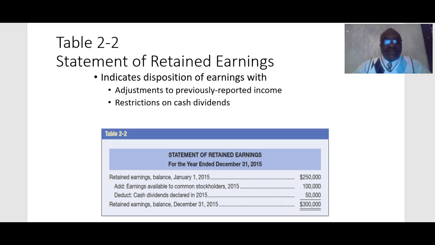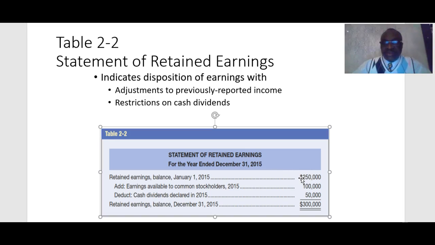All right, moving forward, statement of retained earnings. Over here, we have the statement of retained earnings, which indicates disposition of earnings with adjustments to previously reported income. And then you have restrictions on cash dividends right here. So it's pretty simple.